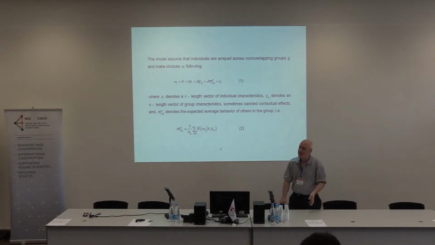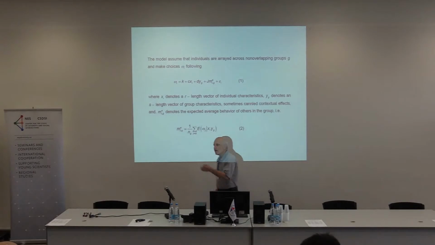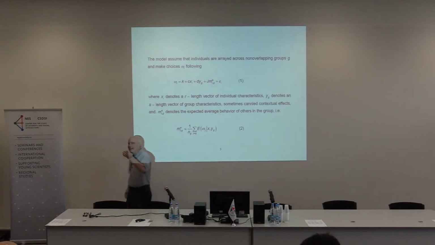So with that as background intuition, how do we think about identification in this model? It's very simple. We exploit this equation. In other words, if I say to you that m is not observable, that's fine, if I have a theory of what determines m. Everyone with me on that?